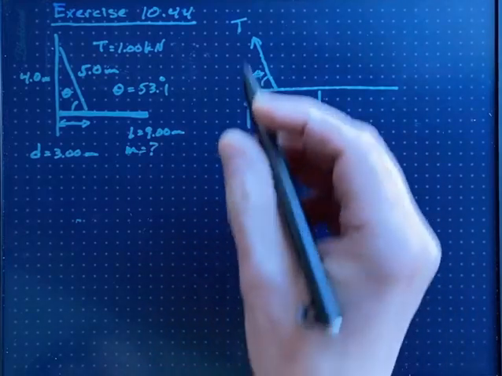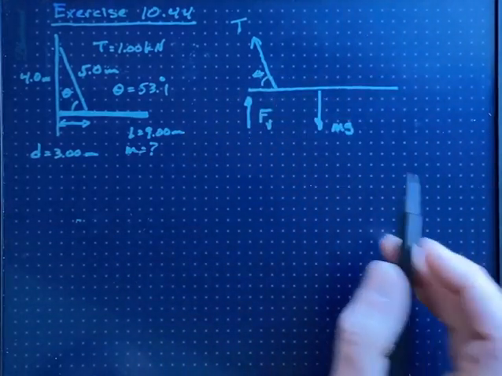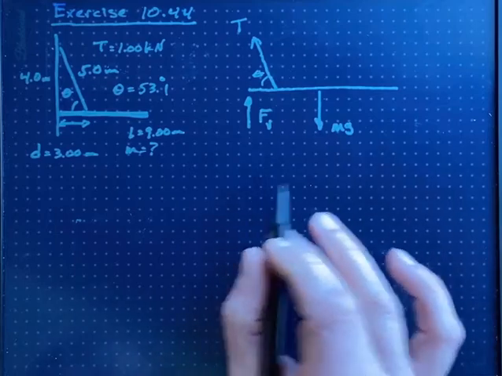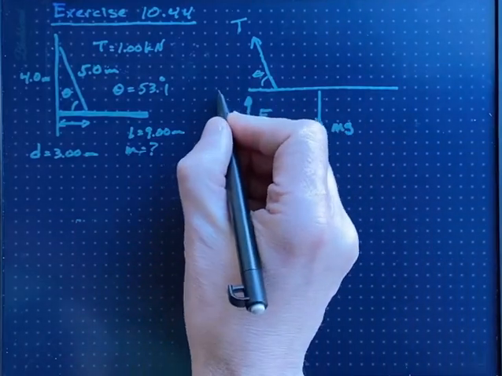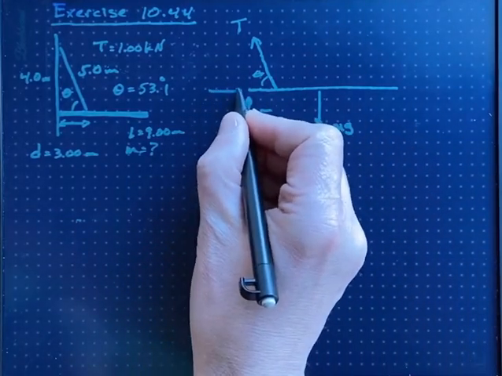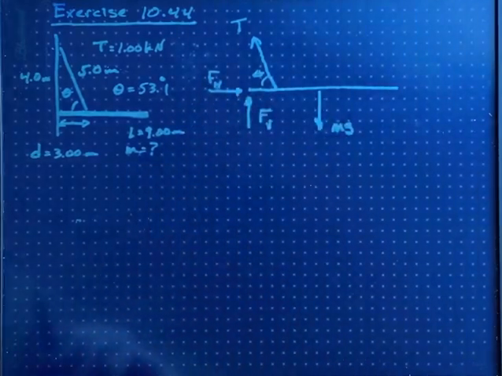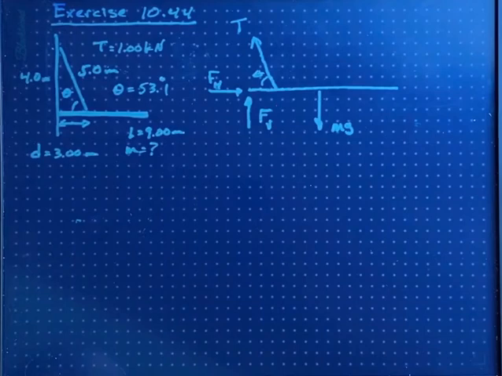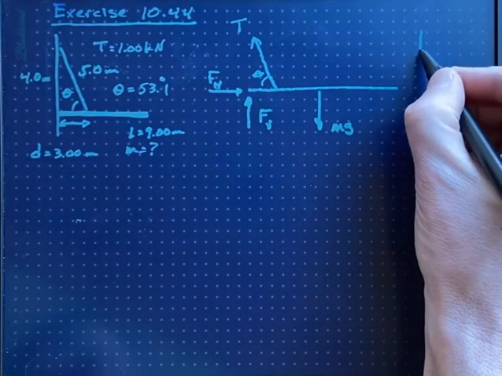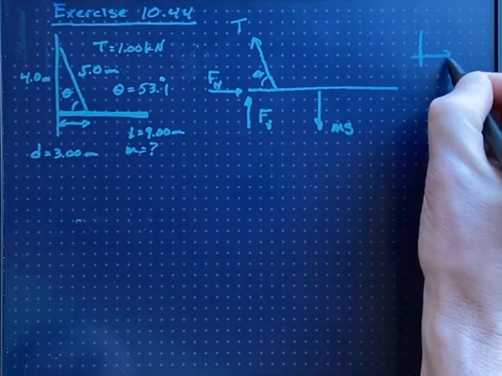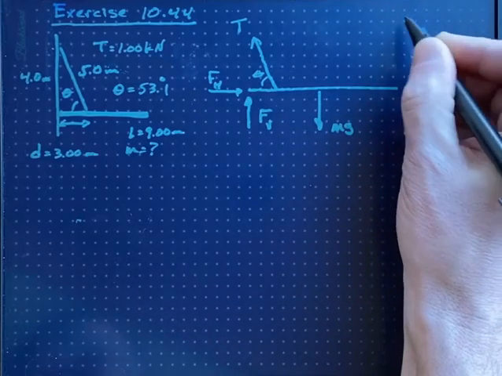Of course, it might be the other way, but if I'm not sure, I'll just pick up and the math will work that out for us. But I'm also pretty sure that the hinge is going to be exerting a horizontal component of a force here to keep the beam from moving into the wall. So I think now we've accounted for all the forces, but I can see, looking ahead, that I'm going to have an x and y coordinate system.